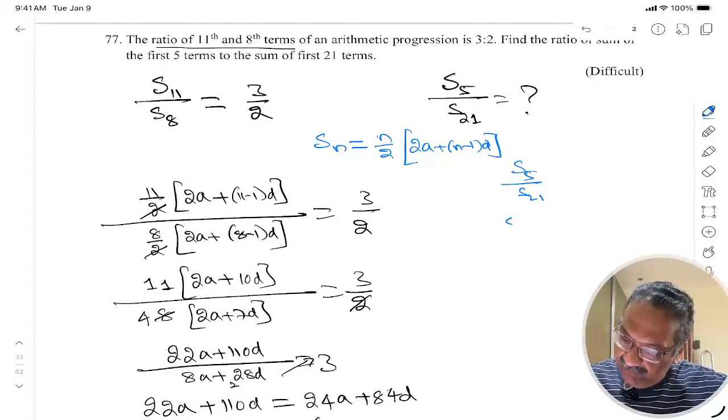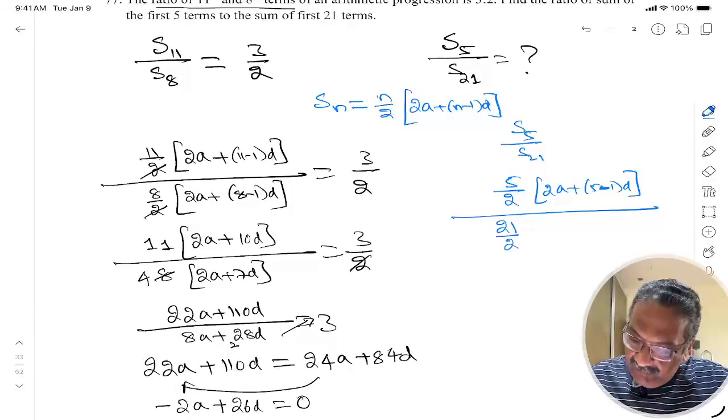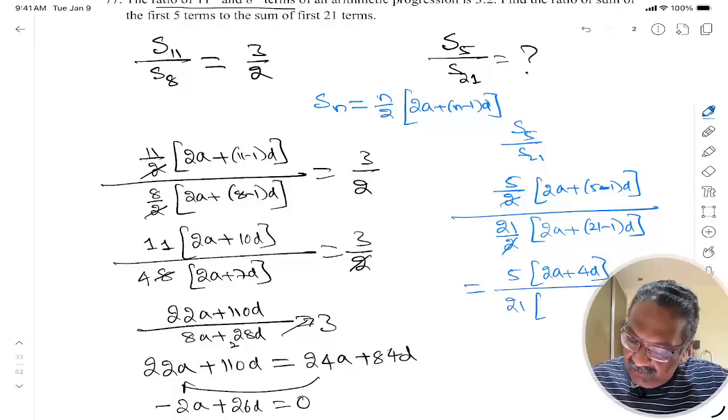S5 will be 5 by 2 into 2a plus 5 minus 1d, divided by S21, which will be 21 by 2 into 2a plus 21 minus 1d. The 2s cancel: 5 into 2a plus 4d, divided by 21 into 2a plus 20d.